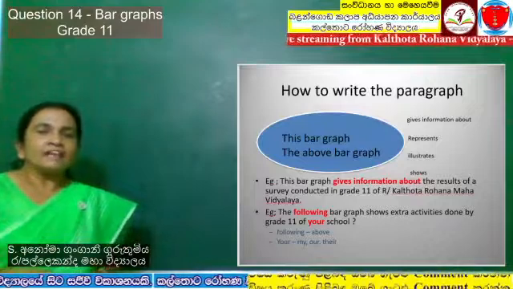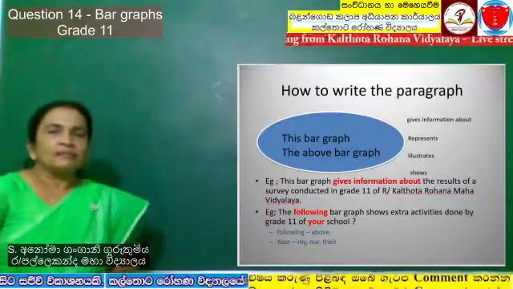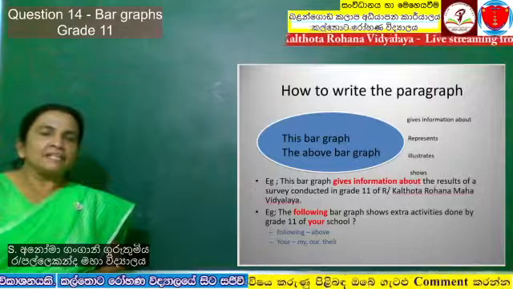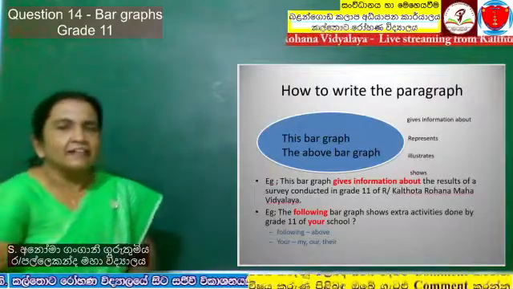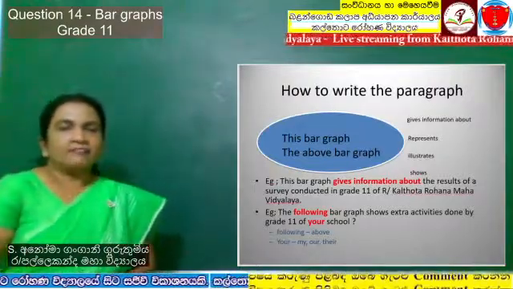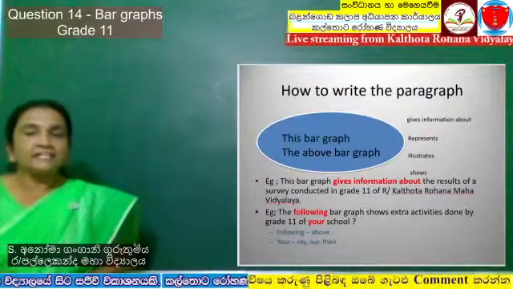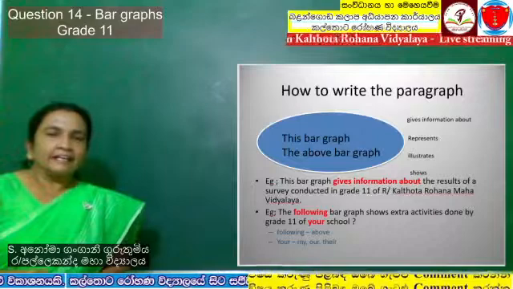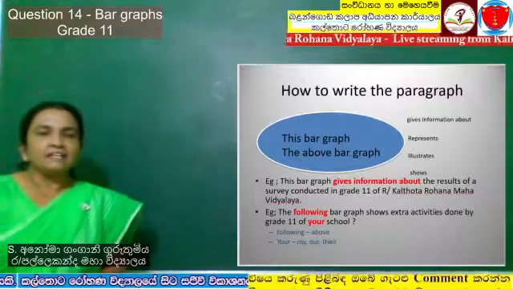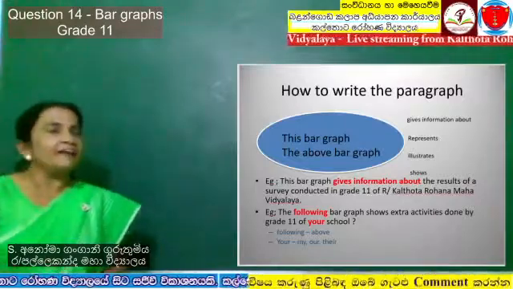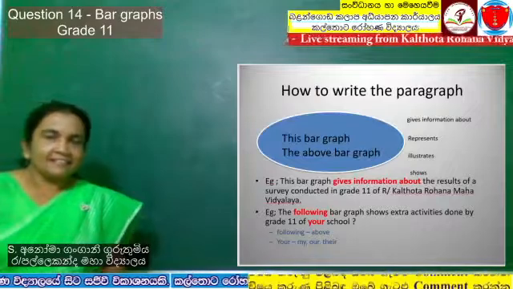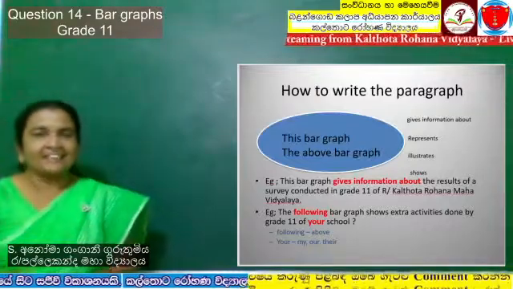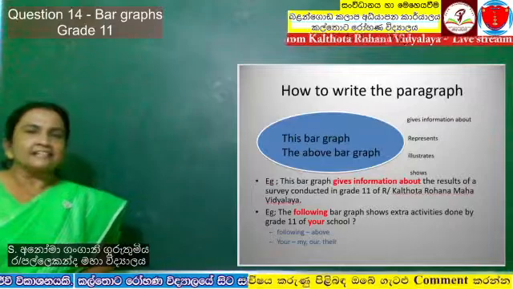Now see how we write the first sentence here. Read the first one, please. This bar graph gives information about the results of the survey conducted in grade 11s of Kalthota Rohana Vidyalaya. Is it correct? Yes, it's correct.